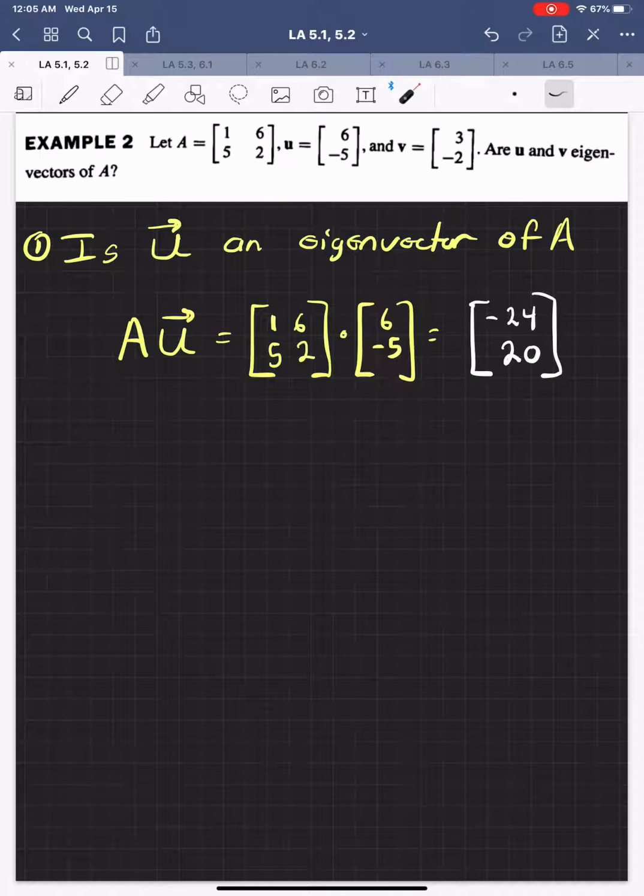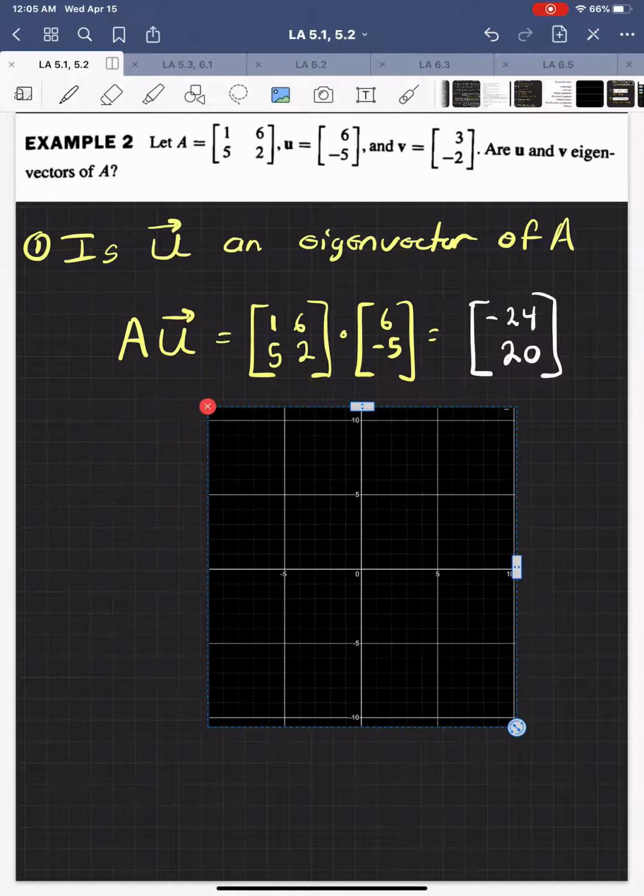Okay, let's bear with me here, and see if I can find some type of coordinate system here.